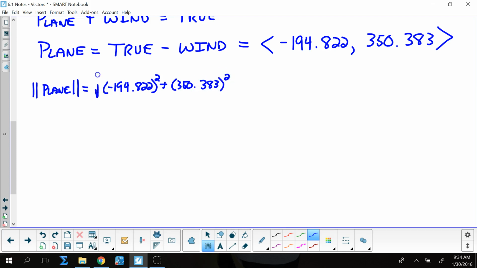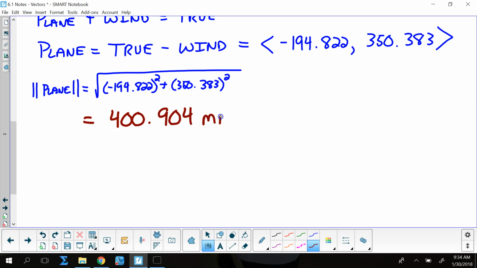Both of those are squared, and I take the square root of that, which gives me the plane needs to have a speed of 400.904 miles per hour. Do we agree with that? Okay.